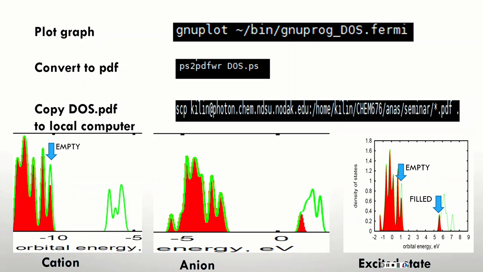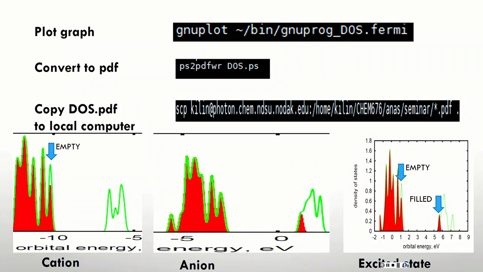And this is the plot of anion, cation, and excited state. You could see here in cation there is an unoccupied state in the valence band, but in anion it's fully occupied, and in cation it's unfilled.